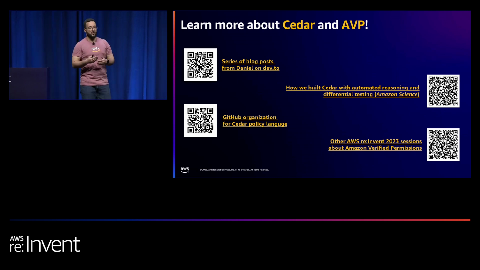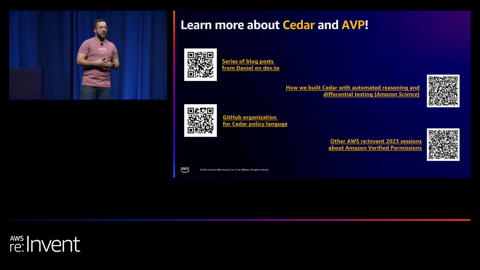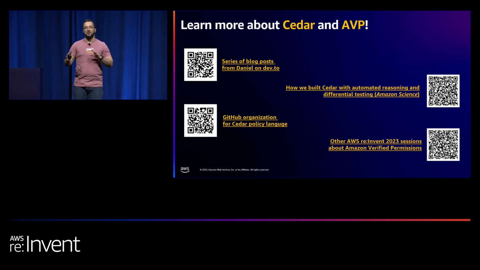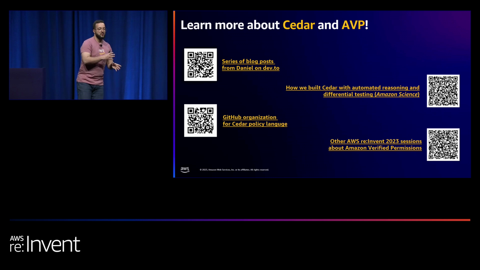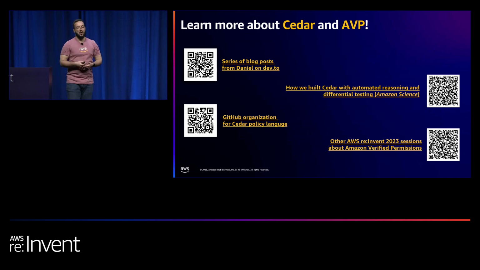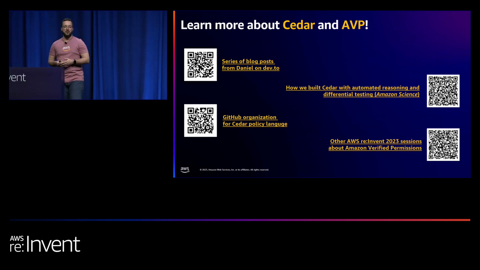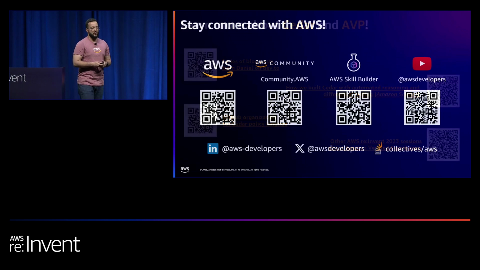There are a few already in the catalog. And last but not least, if you are a computer science nerd and you like white papers, there is an amazing article on the Amazon Science blog, on how Cedar was built to ensure correctness with support of automated reasoning and differential testing. This is a very interesting thing to read.